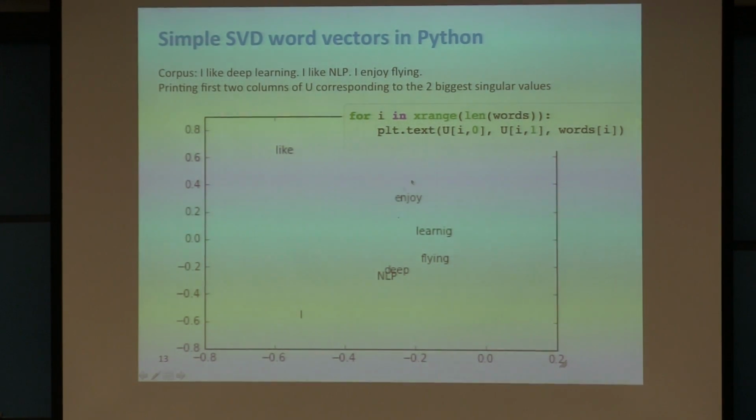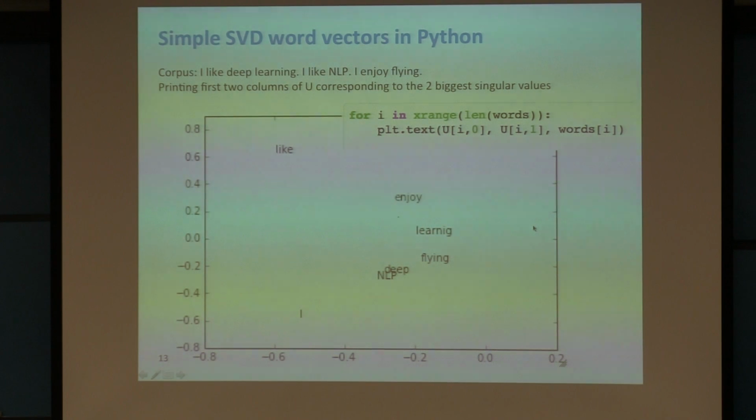So for each word, we're going to use the first K elements of the left singular vectors. And we essentially can visualize this in 2 dimensions by just taking the first 2 elements, the biggest axes of variation inside our low dimensional space.